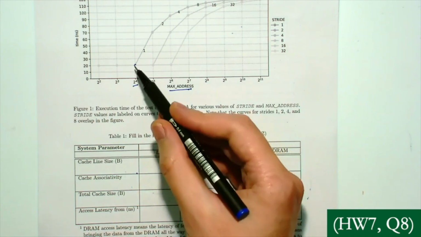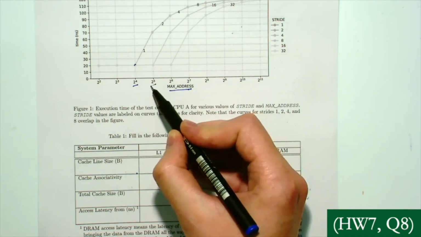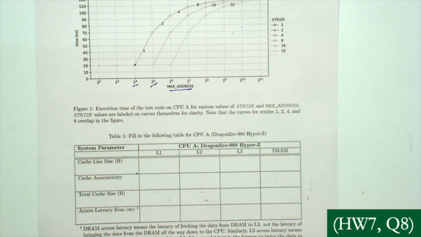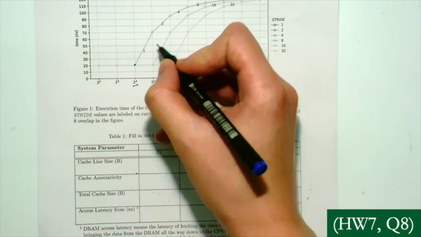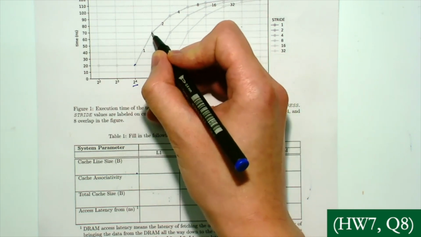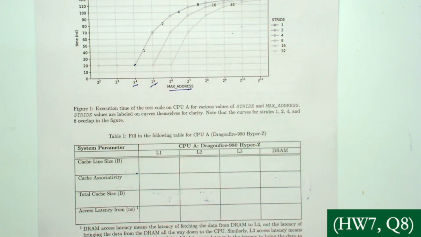We always have a hit, right? But once we get to 32 bytes, we start seeing cache misses, so the latency increases here when the stride is 1. So this means that we are touching 2 times more cache lines than can fit in the L1 cache. Is this clear?